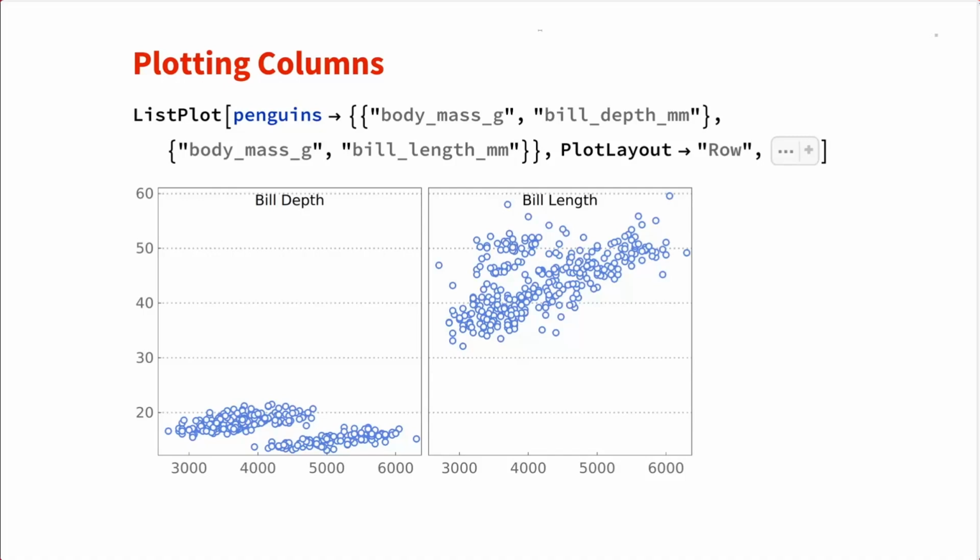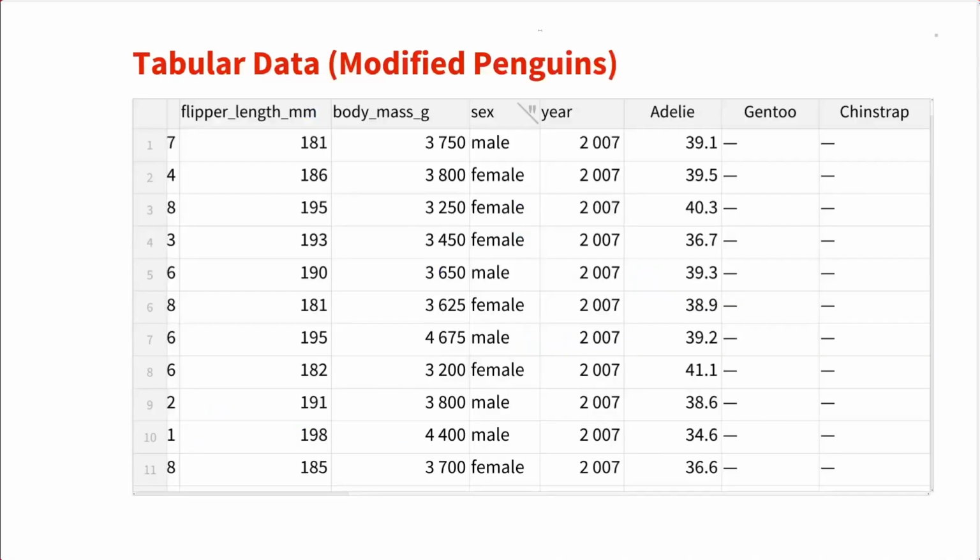Now, suppose we want to visualize a different aspect of these data, and we want to plot the bill length of the different species. Then we can transform the data to make a tabular like this.